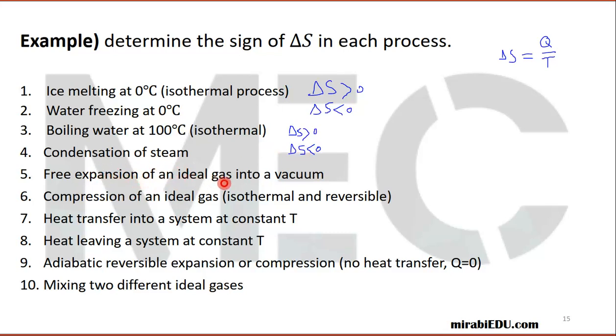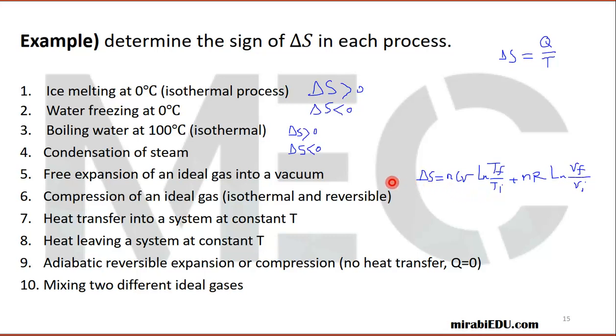Free expansion of ideal gas into vacuum. We have a formula that says delta S is equal to nCv ln of T final over T initial plus nR ln of V final over V initial. We will learn this formula at the end of this session.